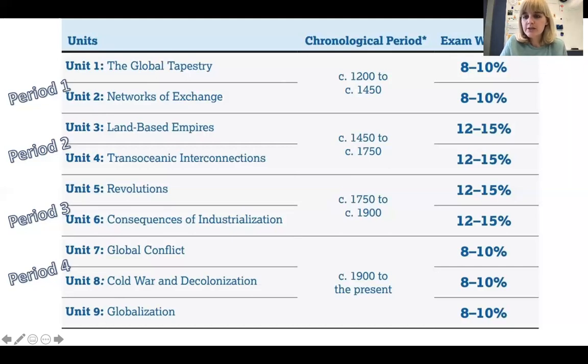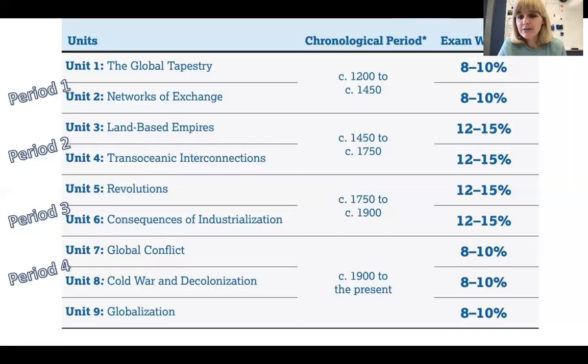It's worth looking at this chart again just to see how much the exam will be weighted in each unit. So what we talk about today, guys, 8 to 10% of your exam will be on unit 1, okay? It doesn't seem like that much, but the interesting thing is everything that we talk about is going to be fair game.